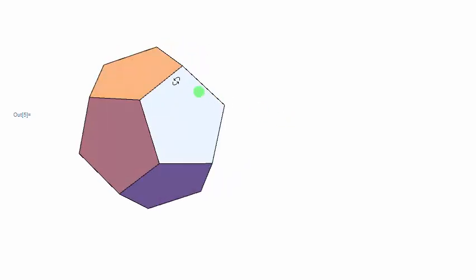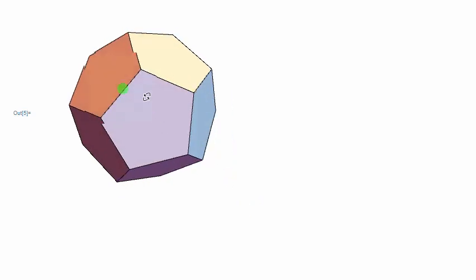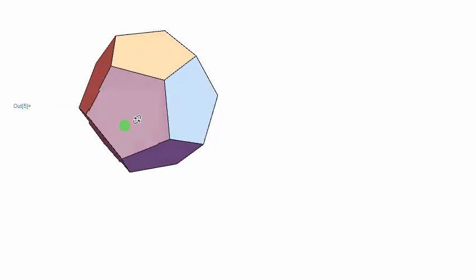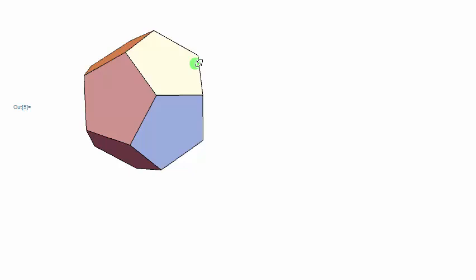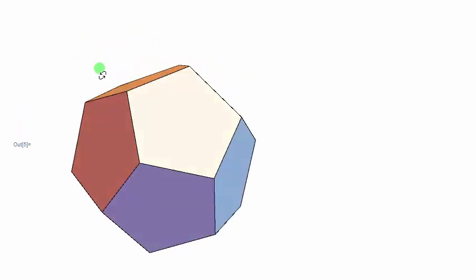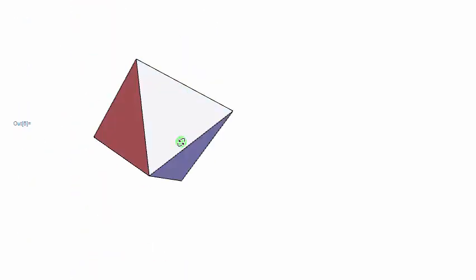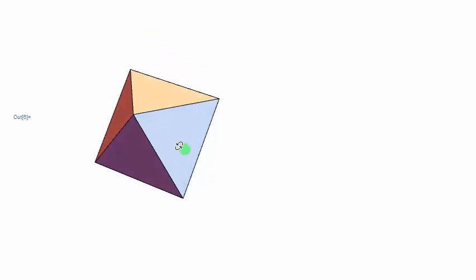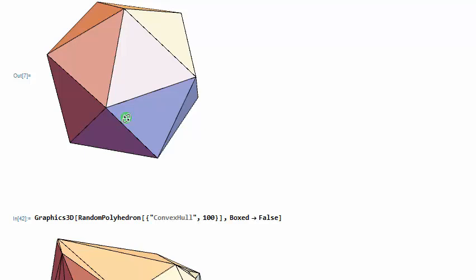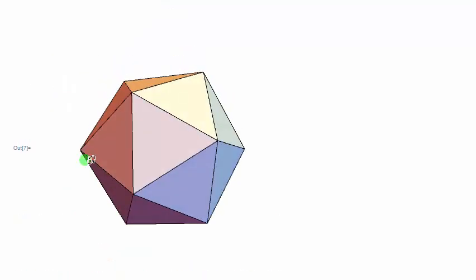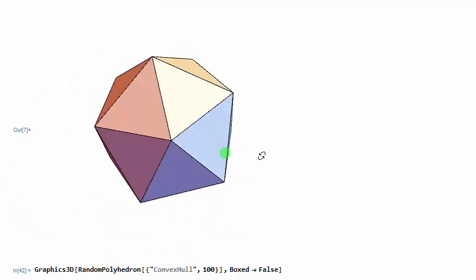Then the dodecahedron, you can spin that around. So we have all these pentagons coming together. At each vertex, we've got 3 faces coming together on that. Then the octahedron has 8 sides total. See that? And then the icosahedron. Here, spin that around and see that.